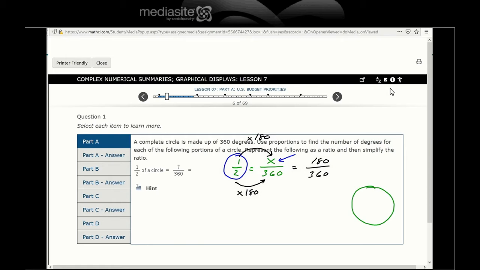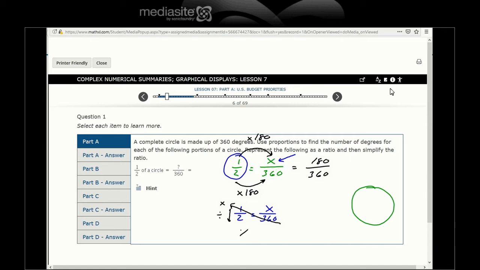Another way to do it is the shorthand algebra, which I showed in an earlier video, where we cross multiply on the diagonal, and then on the vertical, divide.